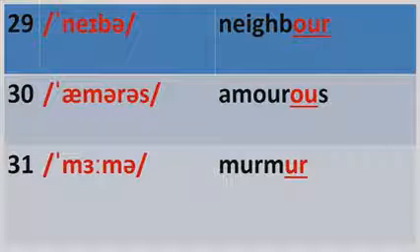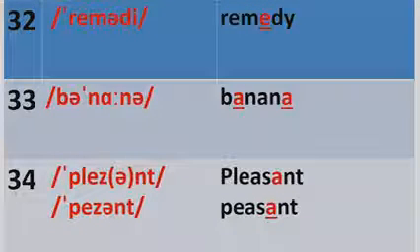In number 32, letter E gives us the schwa, so it is pronounced remedy. Say remedy. In number 33, banana. The two letter A's. Banana. Number 34 has two words. Pleasant. It can be pleasant or just pleasant.